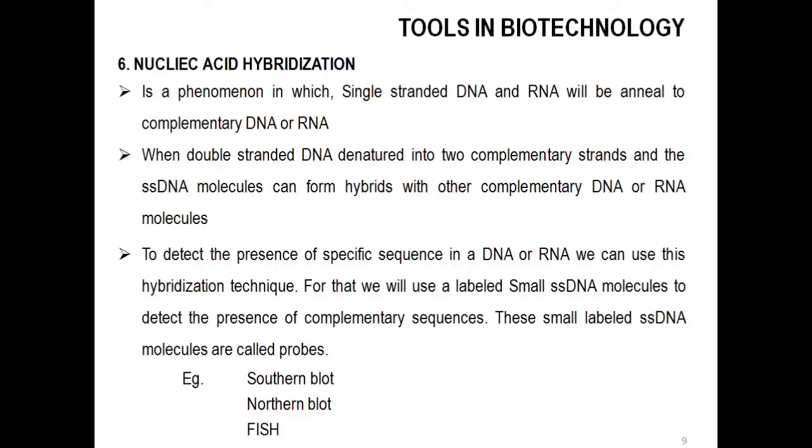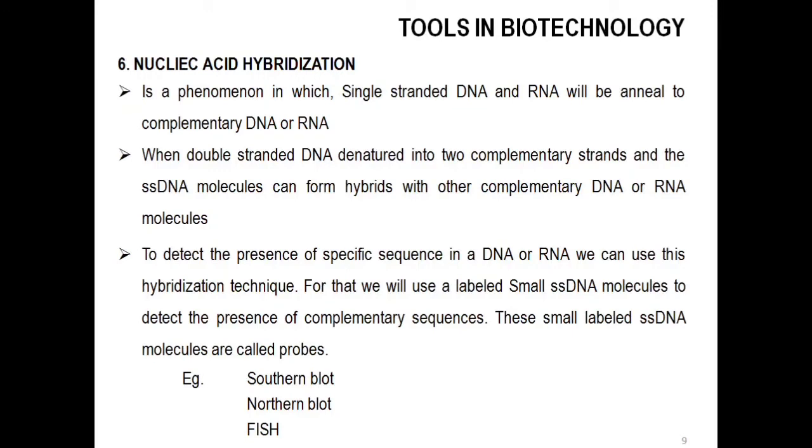For example, genetic disorders or diseases are caused by alterations in the genetic structure or DNA sequence of an organism. To detect the presence of this defective DNA sequence, we can use nucleic acid hybridization. For that, we denature the organism's DNA and add a DNA sequence complementary to the defective part of the DNA sequence.